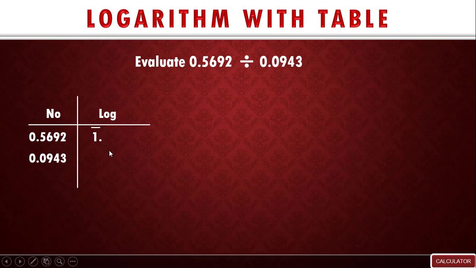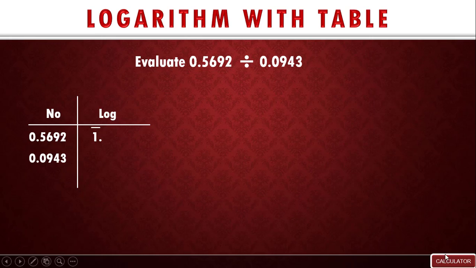Okay, the next thing for us to do now is to check our log, which is 5692. If you're using your figure table, then go to your logarithm and check 56 under 9 difference 2. But if you're using a calculator, we're making use of a workaround.